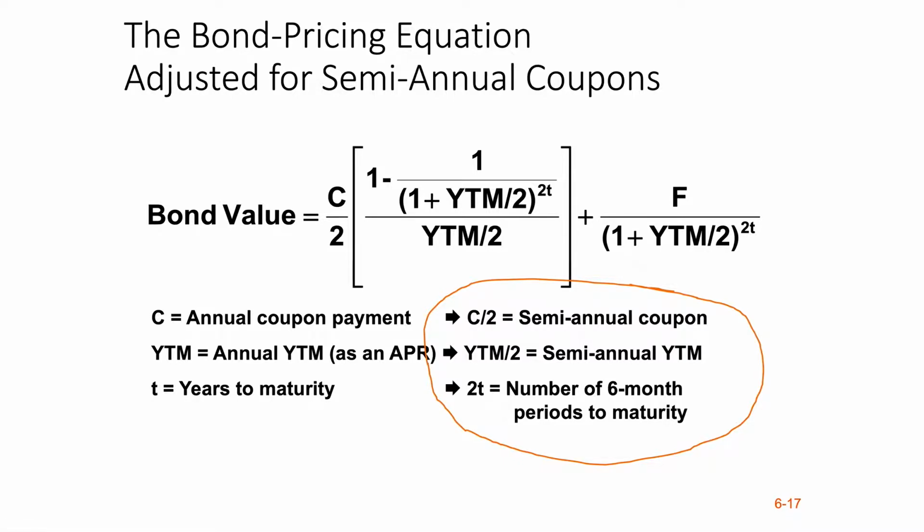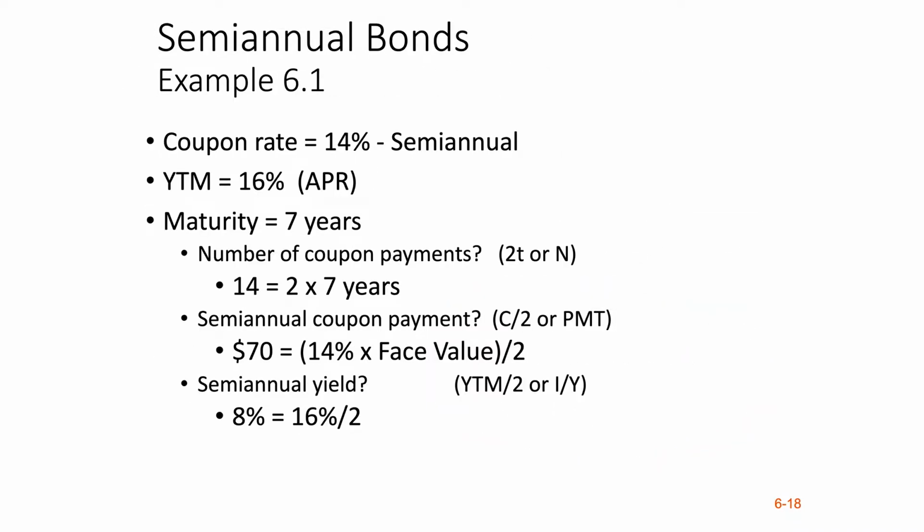Let's do one calculation as an example of a semi-annual bond. The coupon rate is 14%, but it's paid semi-annually, like most bonds. The yield to maturity is 16% per year, APR.